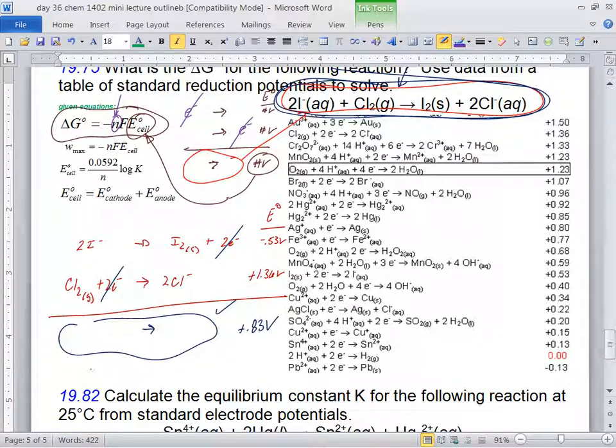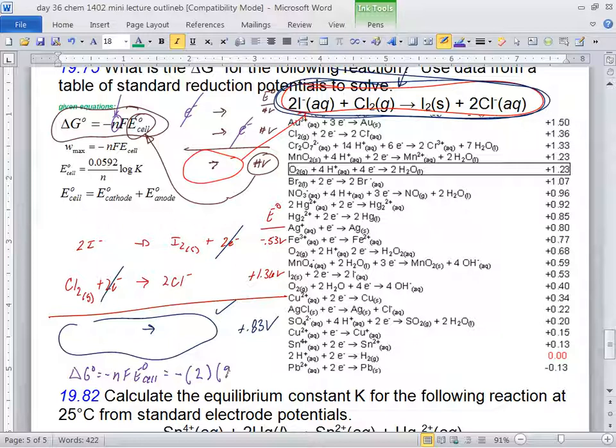So my delta G0 is minus nF E0 cell. So minus, how many electrons canceled? 2. So put in a 2. F, what was F again? Faraday's constant. And that was what number? 96,485.